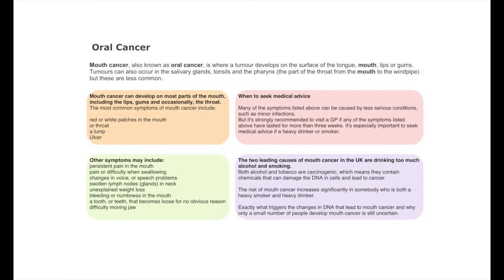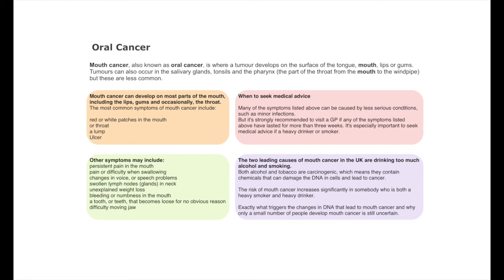Mouth cancer, also known as oral cancer, is where a tumour develops on the surface of the tongue, mouth, lips or gums. Tumours can also develop in the salivary glands, tonsils and pharynx. The most common symptoms of mouth cancer include red or white patches in the mouth or throat, a lump or an ulcer.